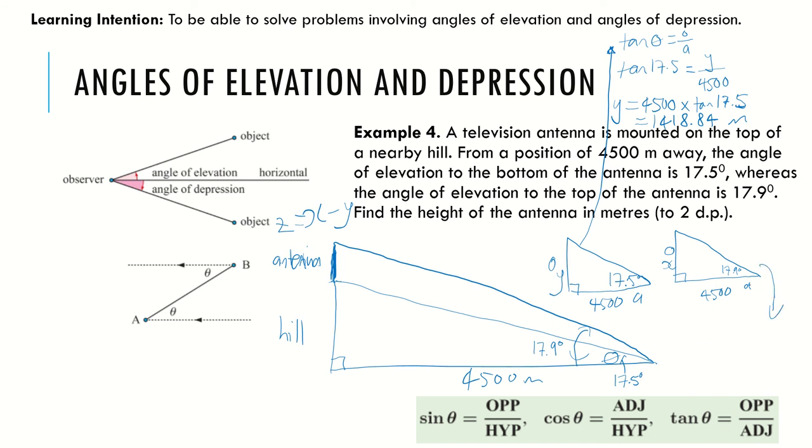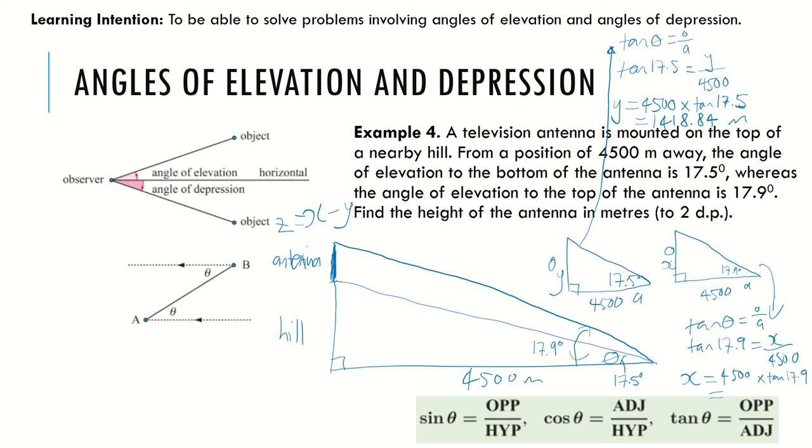We'll have, again, it's opposite and adjacent, so it's tan. So tan theta equals opposite over adjacent. So tan of 17.9 equals the opposite side, which is X, over the adjacent side, which is 4,500. Rearranging, we need to times both sides by 4,500, so we'll get X equals 4,500 multiplied by tan 17.9.